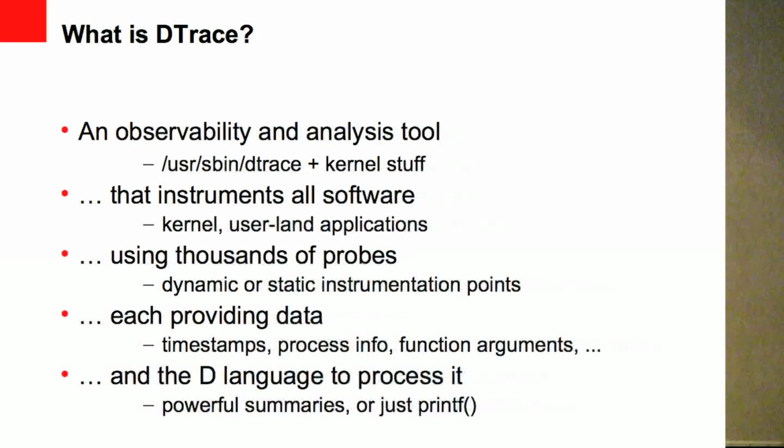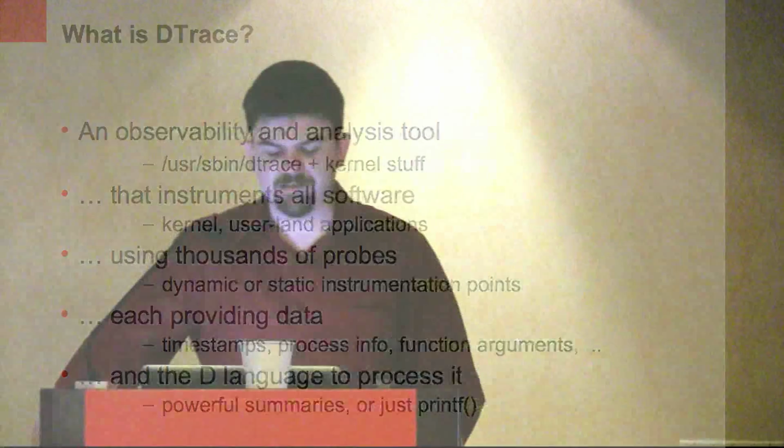To start with, how many people have used DTrace before in the room? Cool. Basically, everyone's used DTrace. So what is DTrace? An observability and analysis tool, instruments all software, using thousands of probes, each providing data and a D language to process it. I think that's a very neat way to describe what it is.